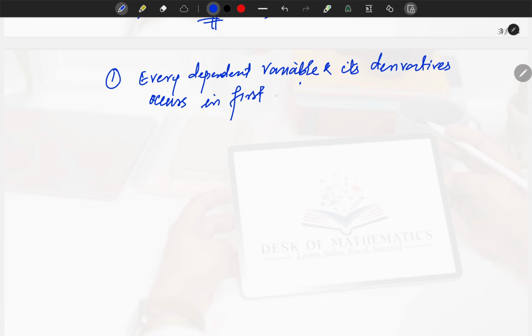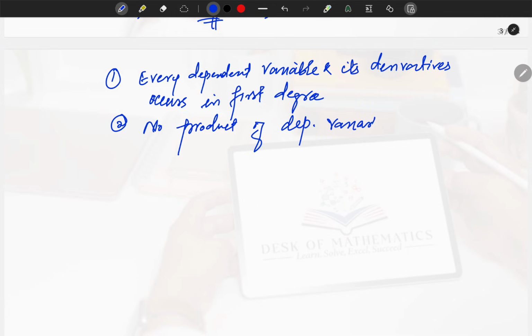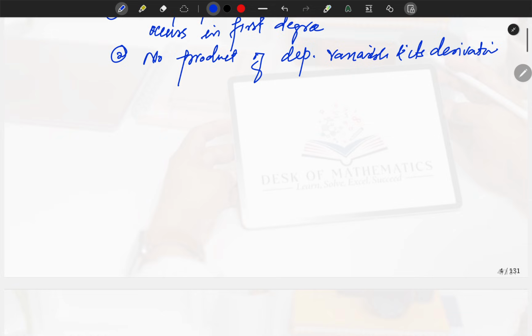Okay, sorry, first degree, not first order. Second, there should be no product of the dependent variable and its derivative.